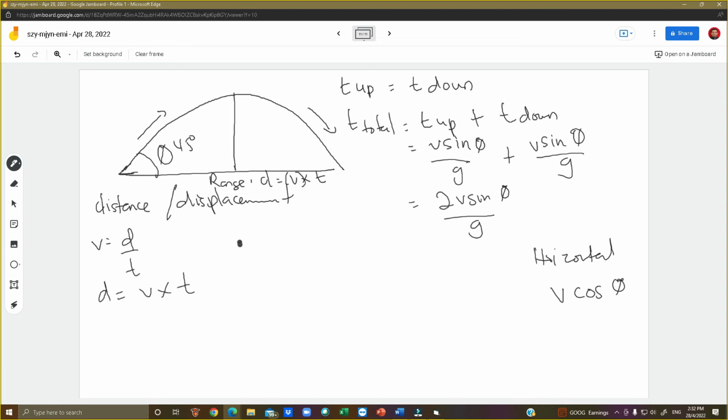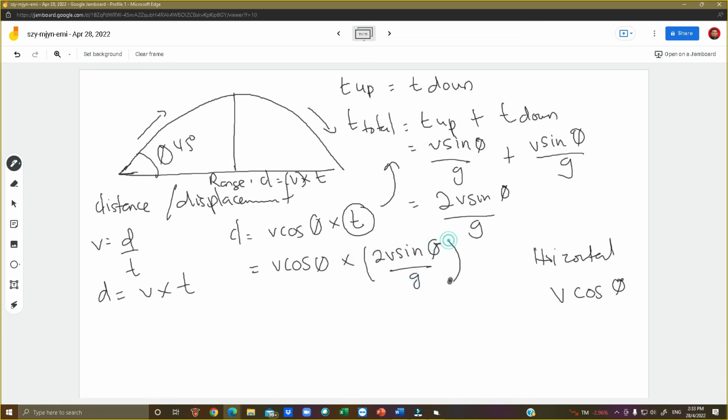Okay, menjadikan that equation to be D equals to V cos theta kali T, and this T is T total. Kita teruskan lagi, it's going to be V cos theta kali dengan 2 V sin theta over G.